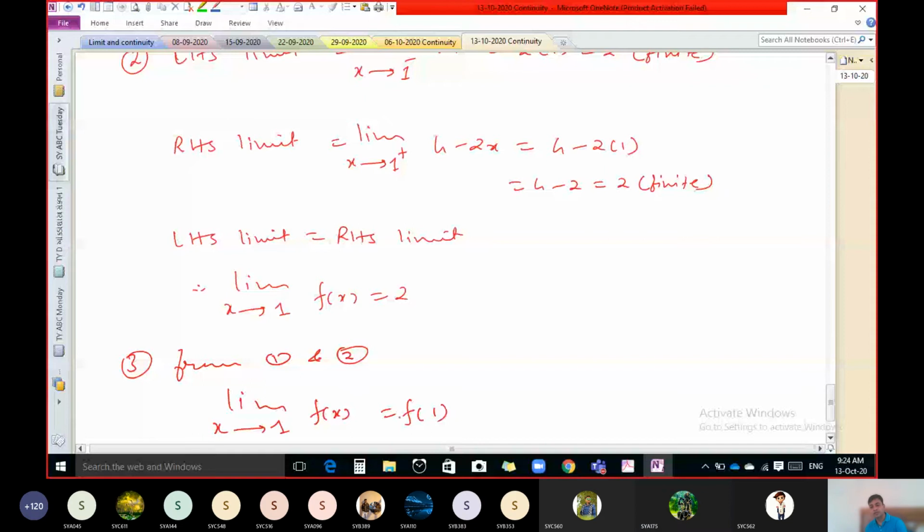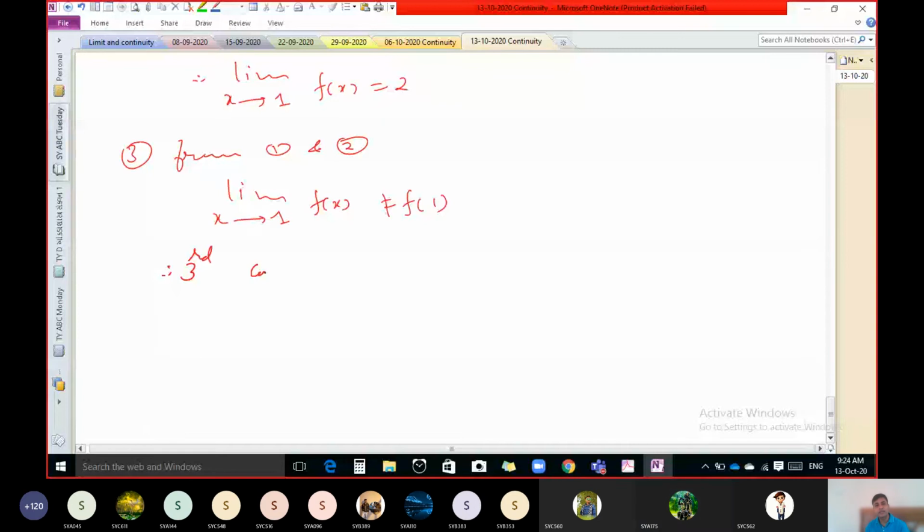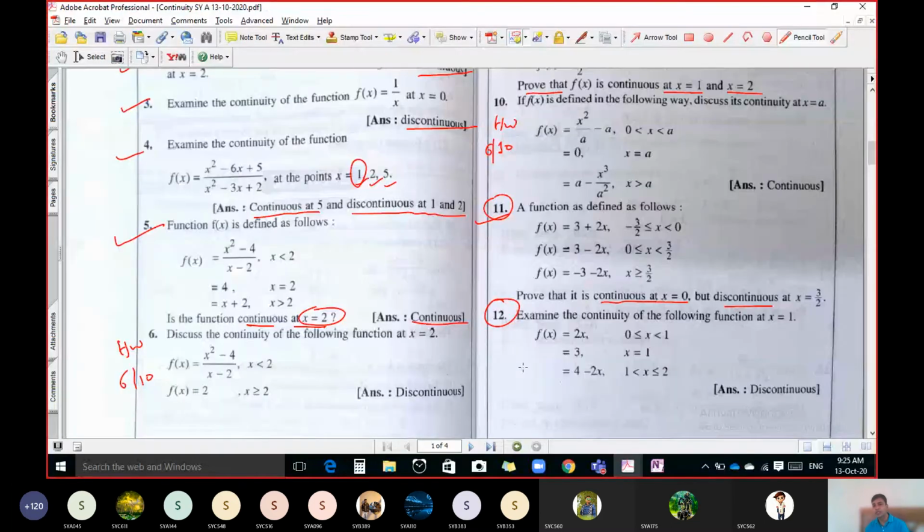They are not equal, so the third condition is not satisfied. Therefore, f of x is discontinuous at x equal to 1. That is our final answer for this question. So discontinuous, that is the answer.